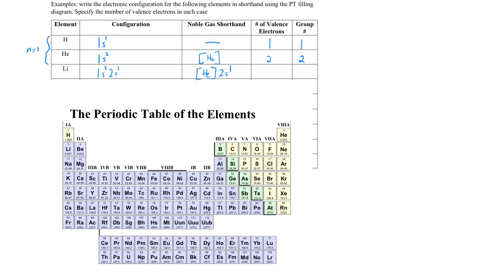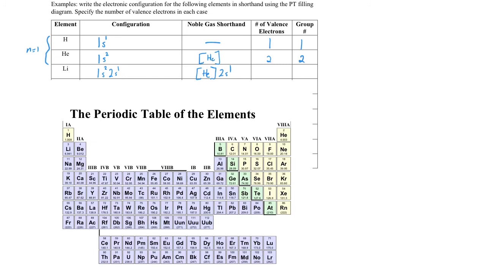So for instance, if we were looking at selenium down here, and we go sort of backwards all the way through the P block and the D block, back here we get to potassium. Right before potassium, we see argon. At its core, selenium has an argon noble gas at its center. And all of the valence electrons are just tacked onto that noble gas core.